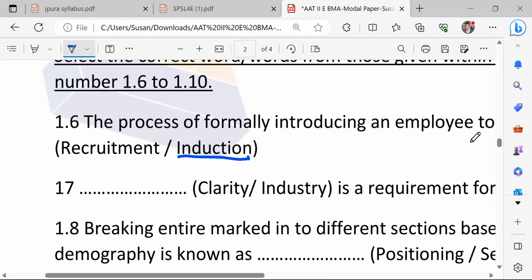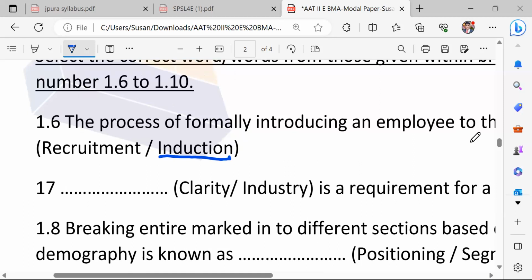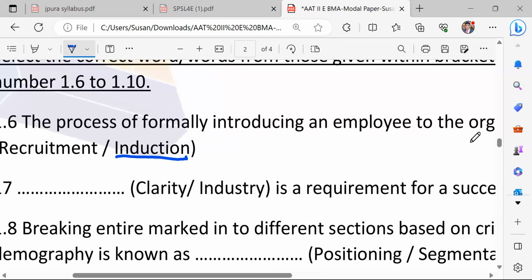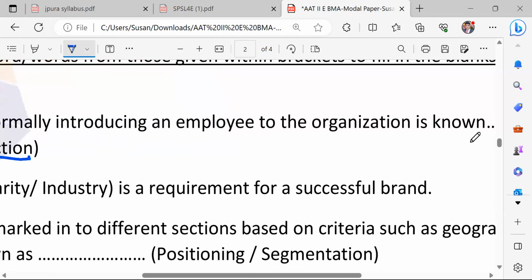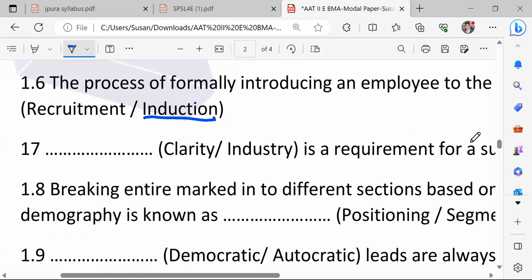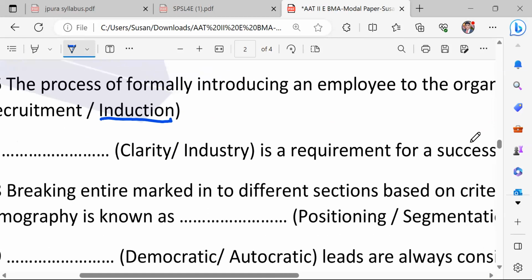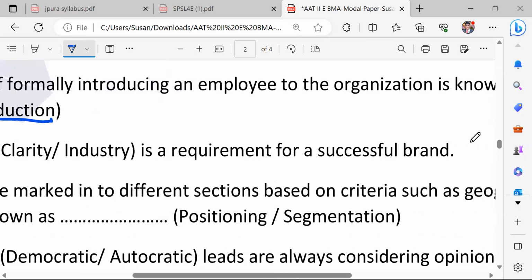Recruitment is just getting different potential candidates for interview. The next blank: clarity. Industry is not a requirement of a successful brand.